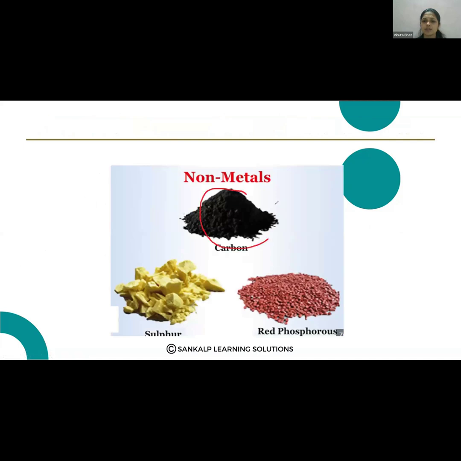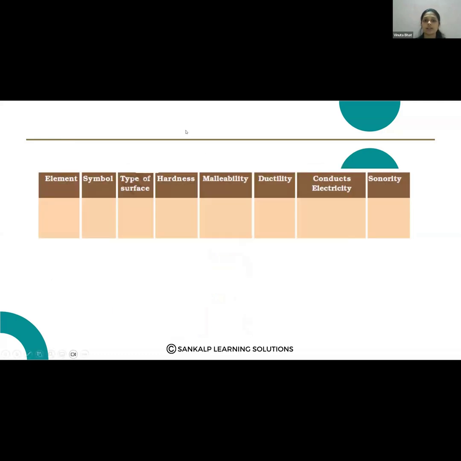Just see, they are not in a hard condition, right? Some are in a solid condition, and some are in an amorphous, that is powdery, condition also. What is the difference you find between metals and non-metals? Just compare these important properties.